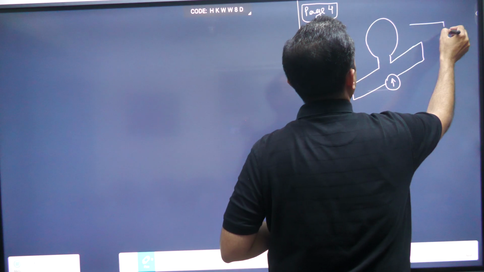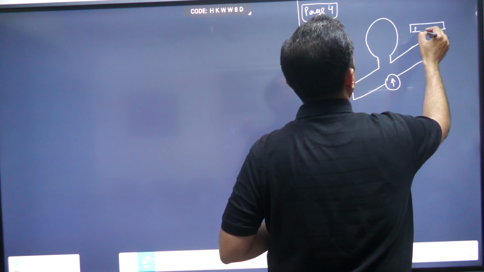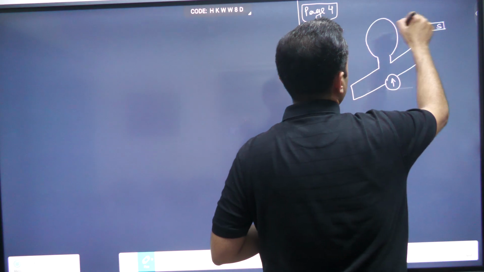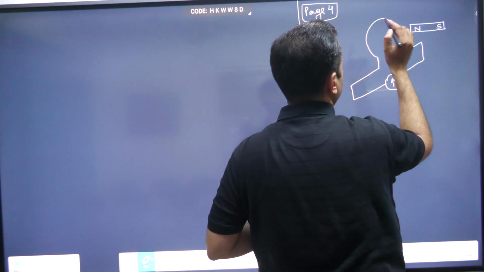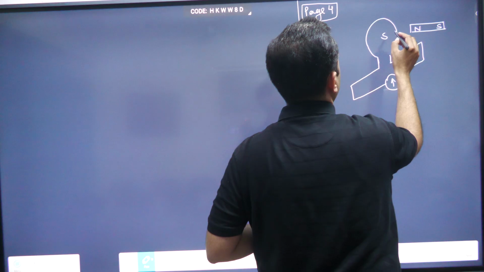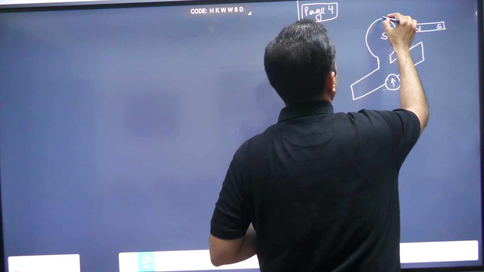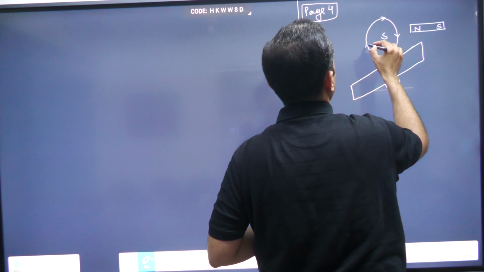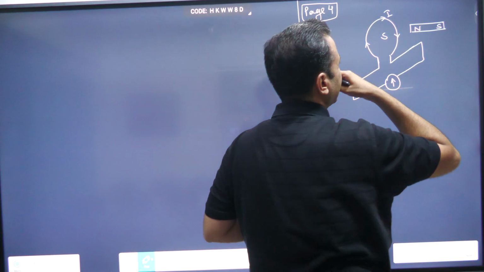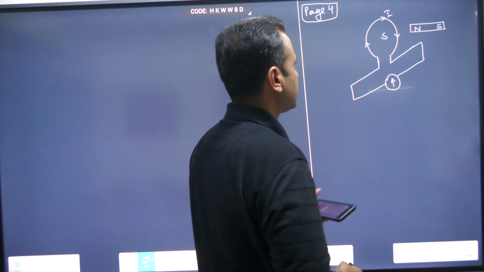Now if we move this magnet away, then what will happen? A south pole will develop here. South pole means the current will go in the clockwise direction.